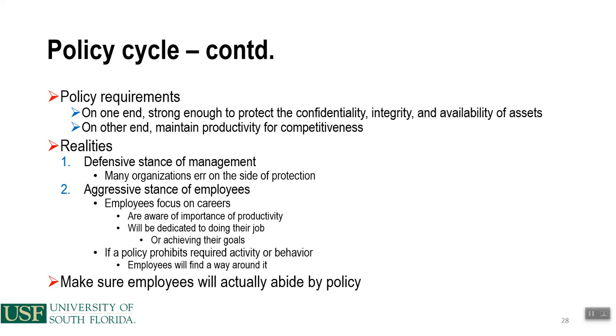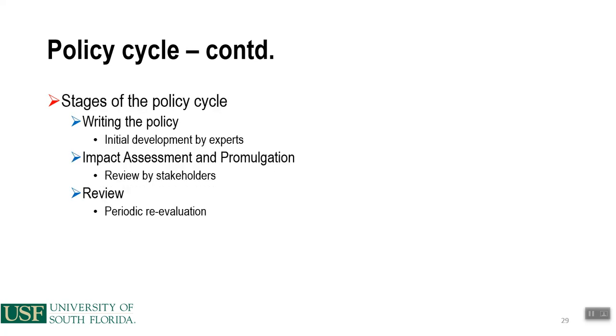If a policy prohibits their required activity or behavior, employees will find a way around it. And many employees are very guilty of this. They may say that they don't believe that the policy that management has put in place is appropriate, and they don't think it's worthwhile or something to that effect, and they'll just find a way to get around it. So you need to make sure that the policy is something that the employees will actually abide by.